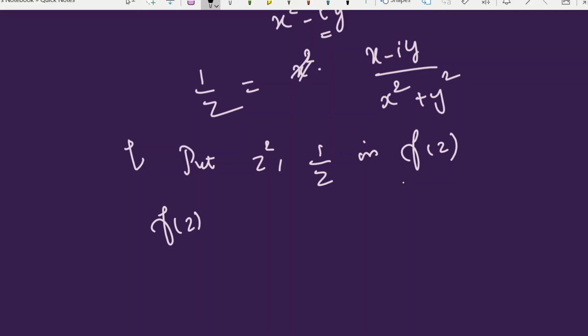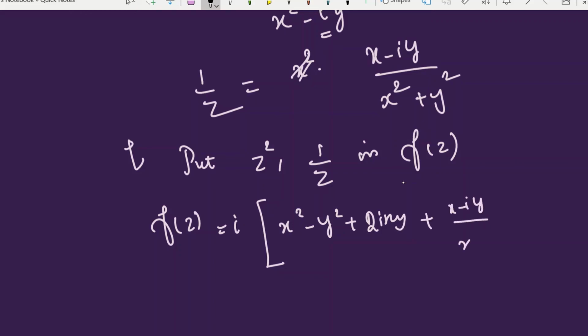So f of z is i times x square minus y square plus 2 times of ixy, and plus 1 by z value is x minus iy divided by x square plus y square.